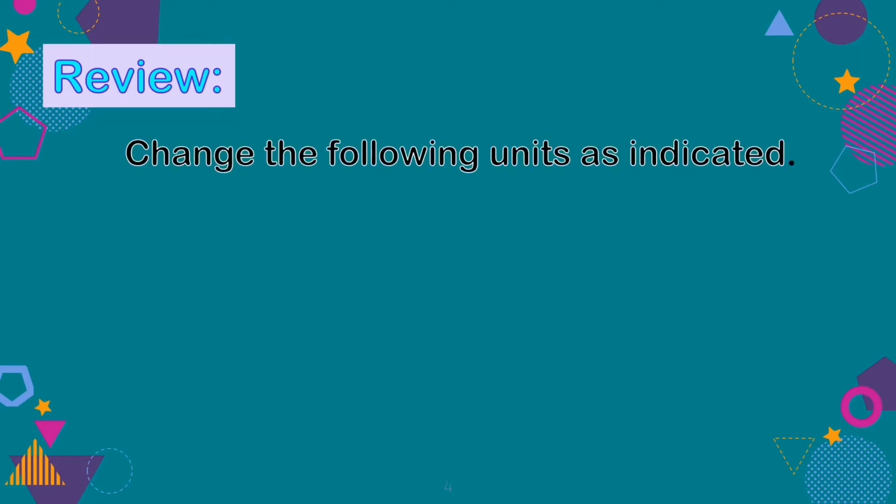Let us review first the previous lesson by answering some exercises. Change the following units as indicated. Number 1. 5 million cubic centimeter is equal to how many cubic meters? Yes, it is 5 cubic meters.